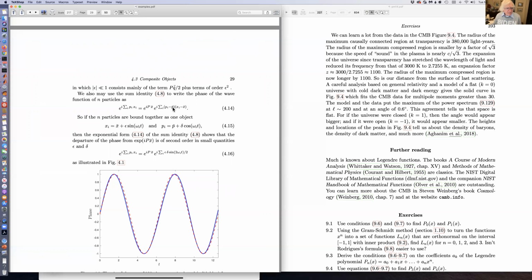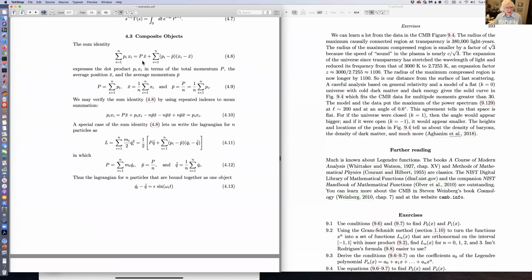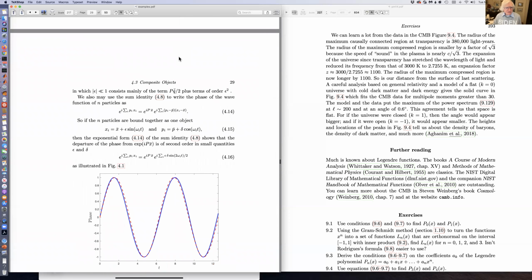So if the n particles are bound together as one object, then we have these epsilon and delta to describe the x_i and p_i. And this identity up here shows you that the sum of all the individual phases is the total momentum times the average position plus a bunch of quadratically small terms.